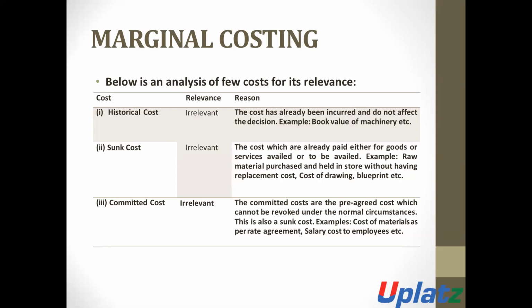For example, cost of material as per a rate agreement, salary cost to the employees, etc. These are committed costs, and they are irrelevant for decision making because these costs are fixed and will be incurred whether or not there is a decision to make. So all the historical costs, sunk costs and committed costs are irrelevant costs for the purpose of taking a decision.